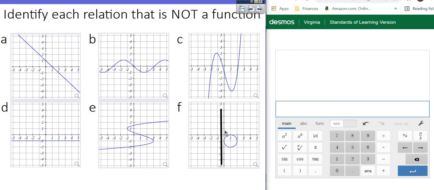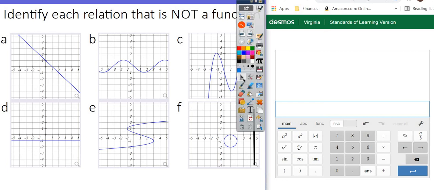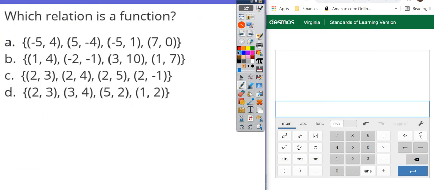And let's try F. When we put our vertical line here, it touches it twice. So it's not a function. So the two graphs that are not functions are E and F. Okay? So let's go on to the next one.